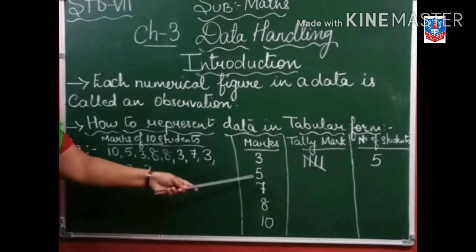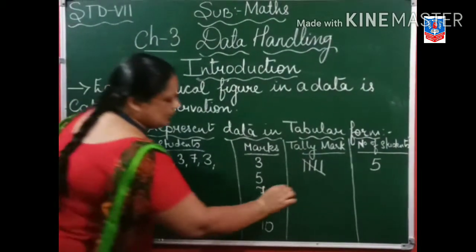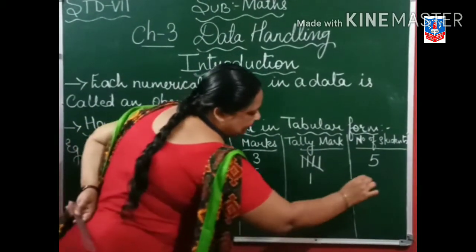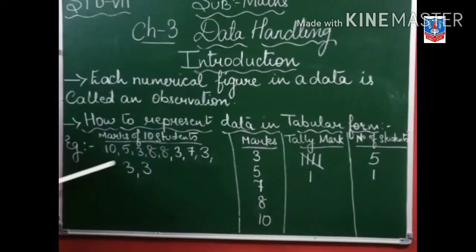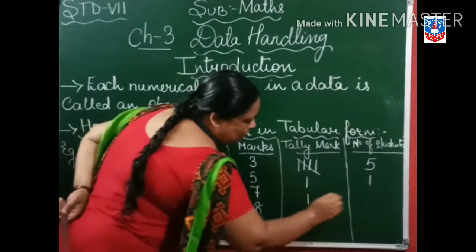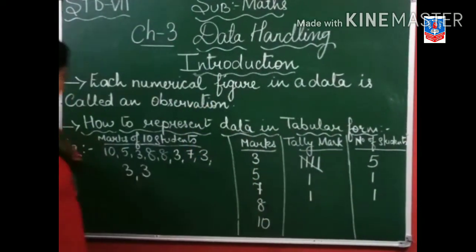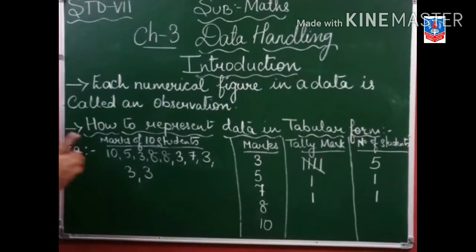Now see 5 marks. See here how many students got it? Only 1. So we will write here 1. Next is 7. How many students got it? Only 1. So here also 1. 8. How many students got it? 2 students.